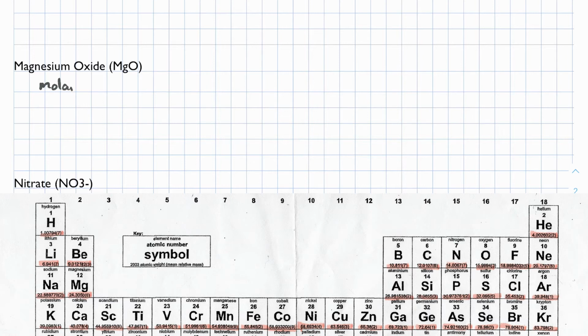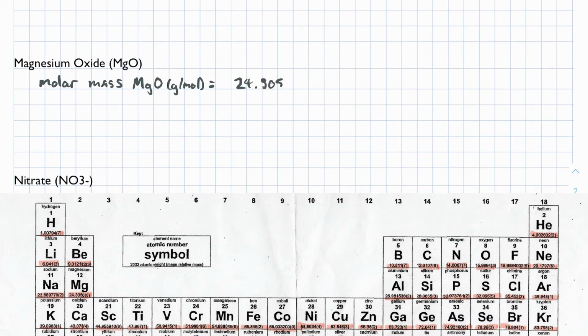So let's go set up our equation here. Magnesium has an atomic mass of 24.3050 grams per mole.